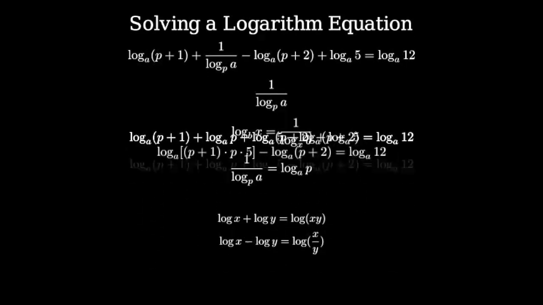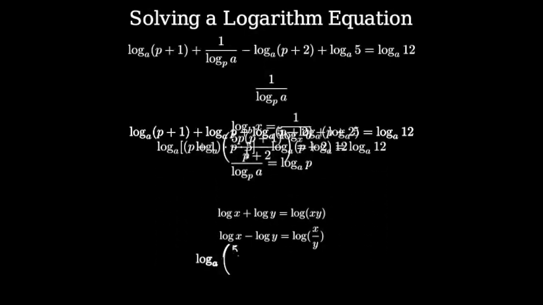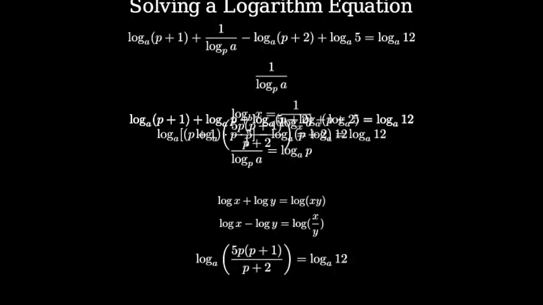Log base a of (p plus 1) plus log base a of p plus log base a of 5 gives log base a of the product 5 times p times (p plus 1). Then, apply the quotient rule with the term log base a of (p plus 2). This simplifies the left side to log base a of the fraction 5p times (p plus 1) divided by (p plus 2). Since the logarithms on both sides have the same base a, we can equate their arguments.